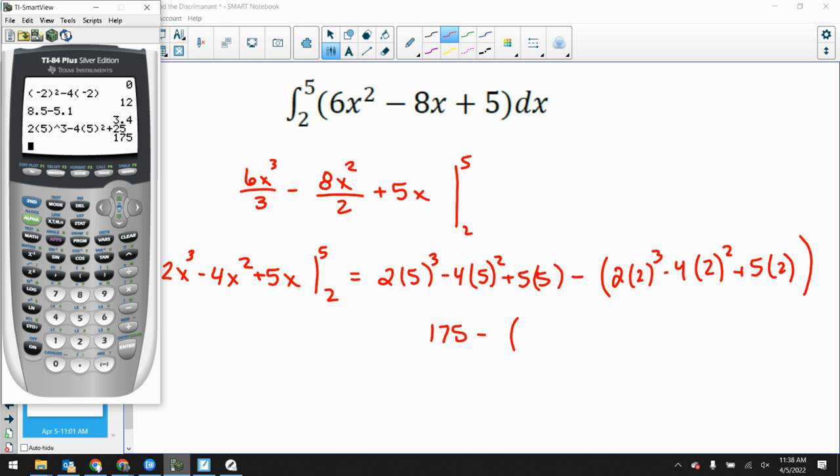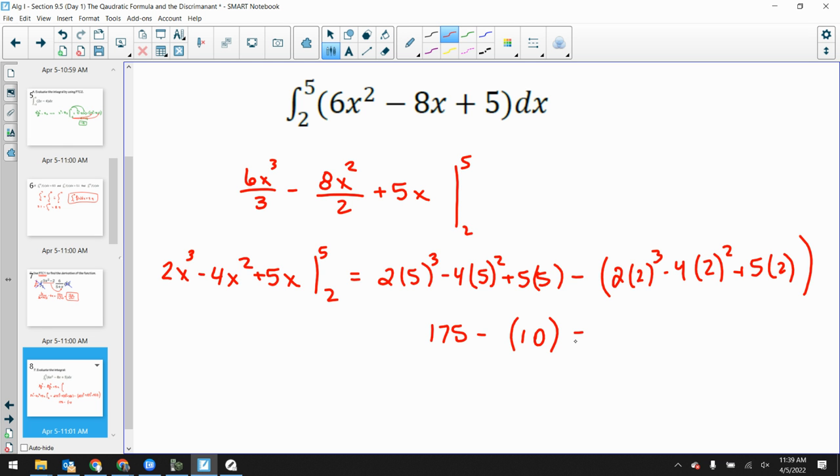And inside the parentheses on the right, I got 2 times 2 cubed minus 4 times 2 squared plus 10. So 175 minus 10 is 165. Just double check that. 165. Perfect. Questions about that?